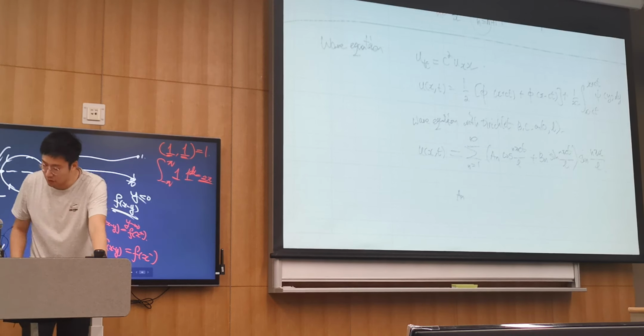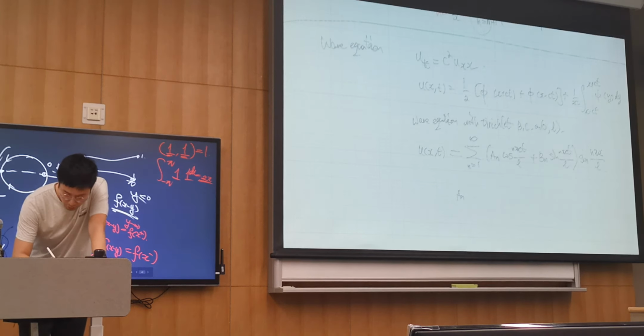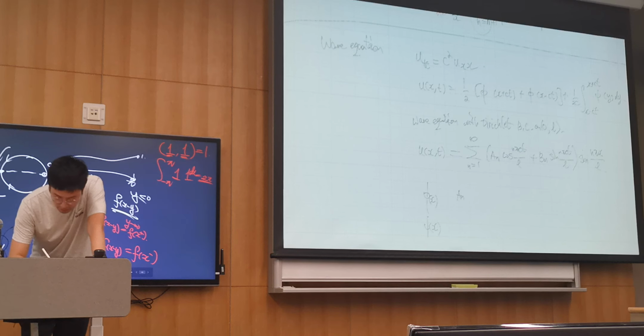So according to our initial condition, what is the relation between phi(x), psi(x), and the sum from n equals 1 to infinity of a_n sine(n pi x over L), and the sum of b_n sine(n pi x over L)?